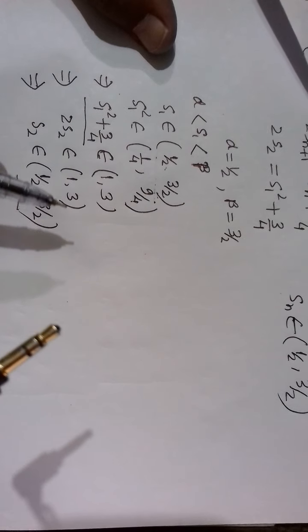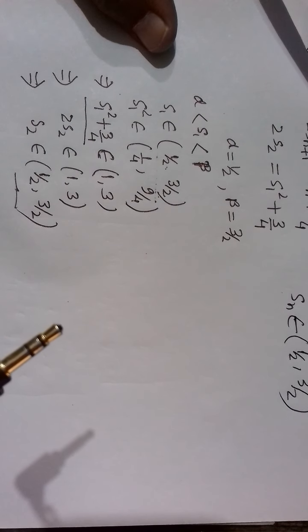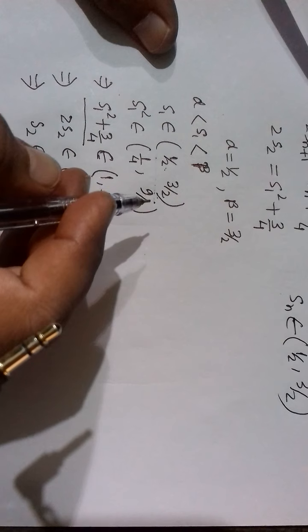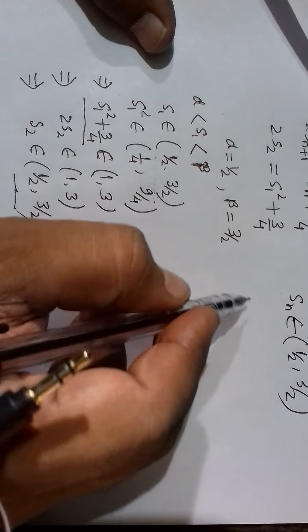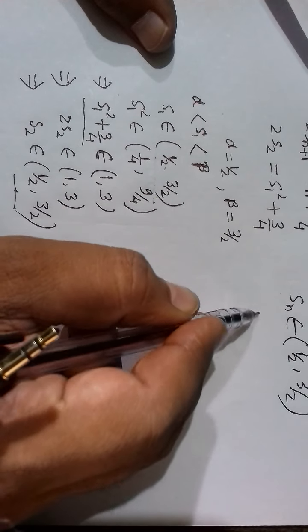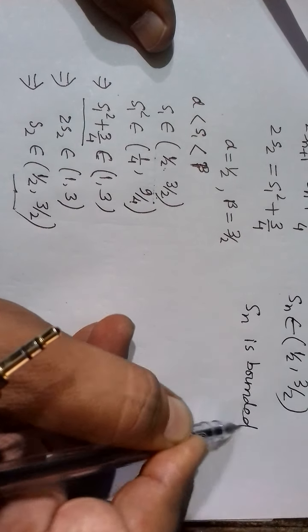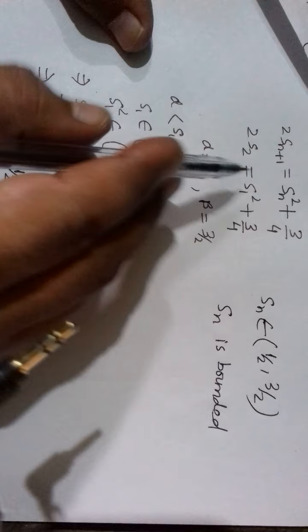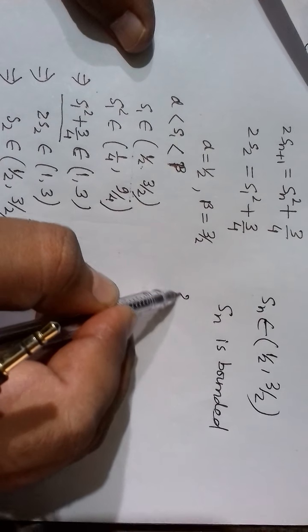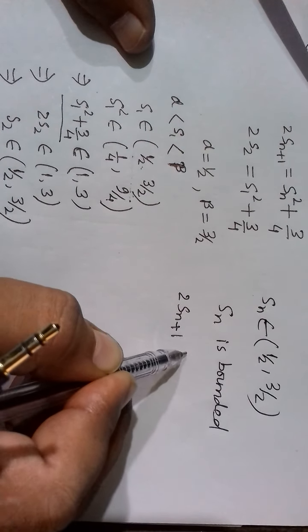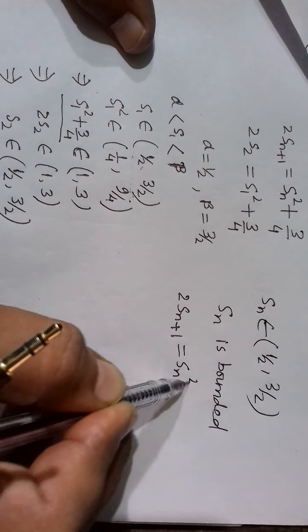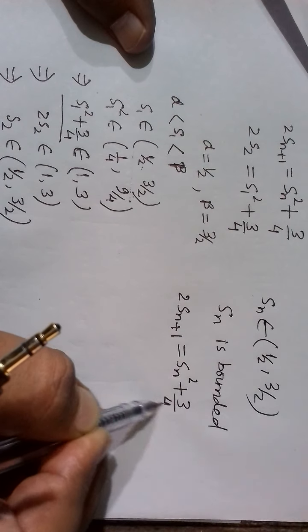Now, so Sn is bounded. Now writing this equation again, we have 2S(n+1) equals Sn square plus 3 by 4.